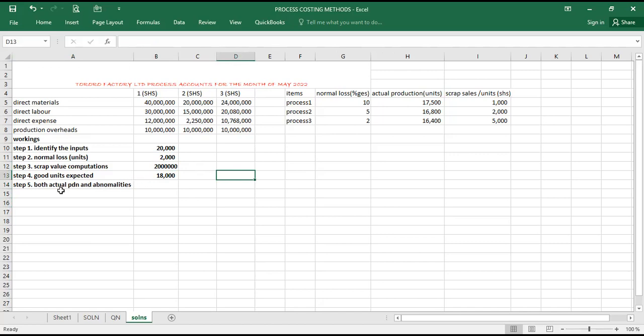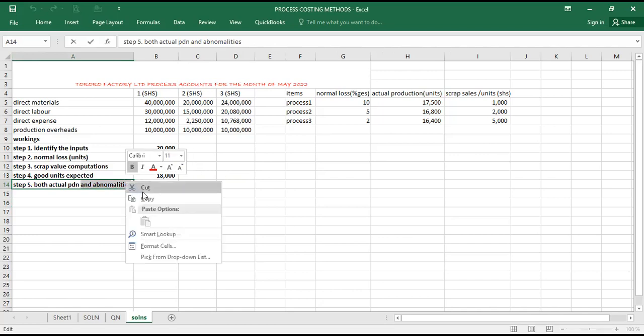Then we get either the abnormal. Now when we get these, we make sure we separate them because we shall be needing them.